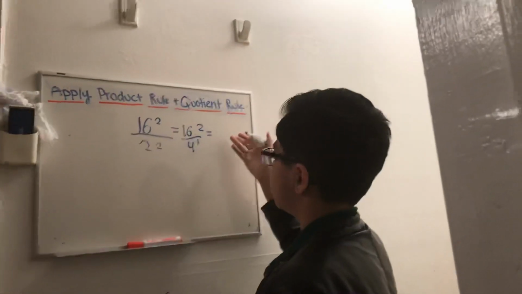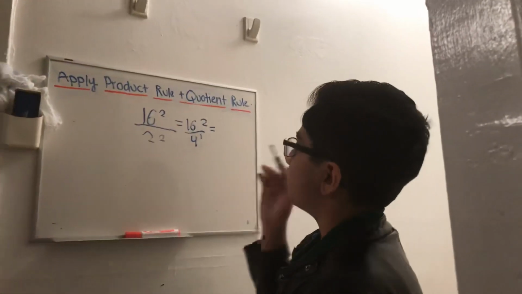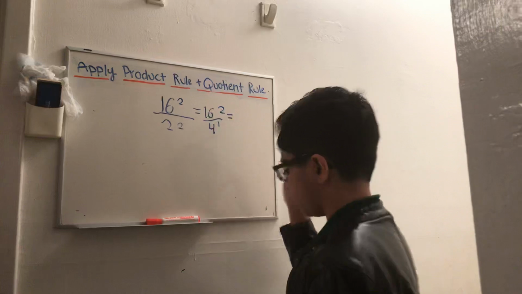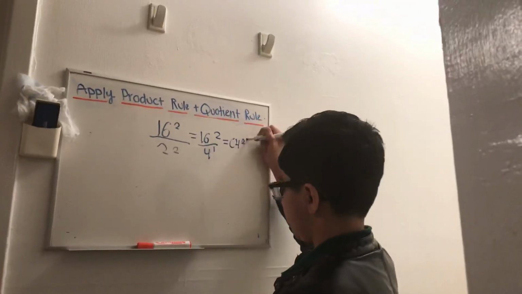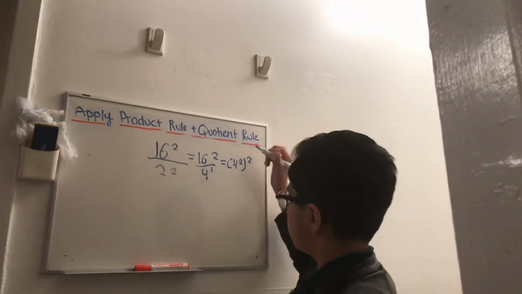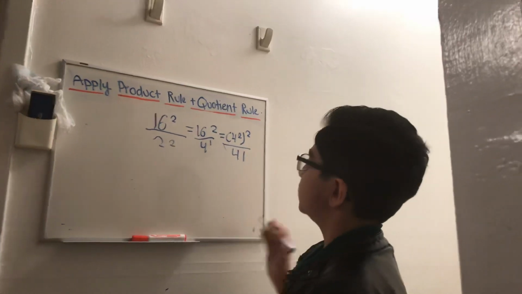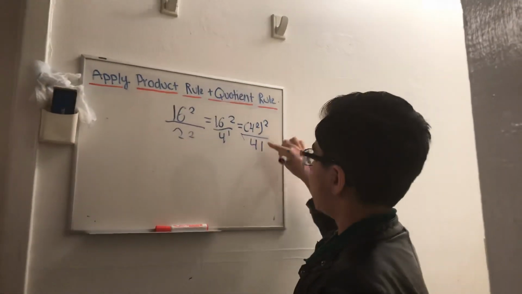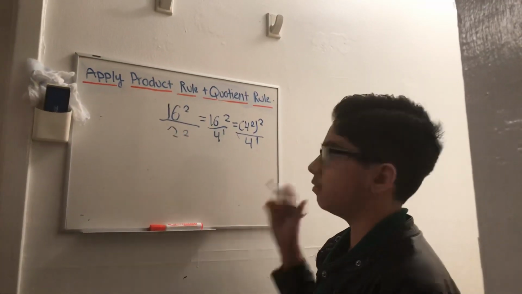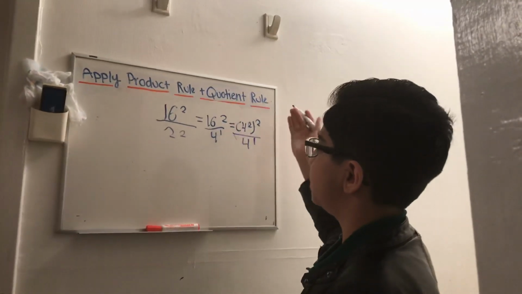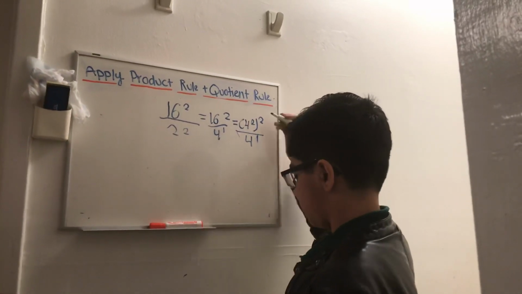Now, what you want to do is break down 16 to the power of 2 even more. So it would result in 4 squared, to the power of 2, over 4 to the power of 1. And the reason why I chose 4 to the power of 2 to the power of 2 is because it's really the same thing as 16 to the power of 2. It's just a breakdown version of it.